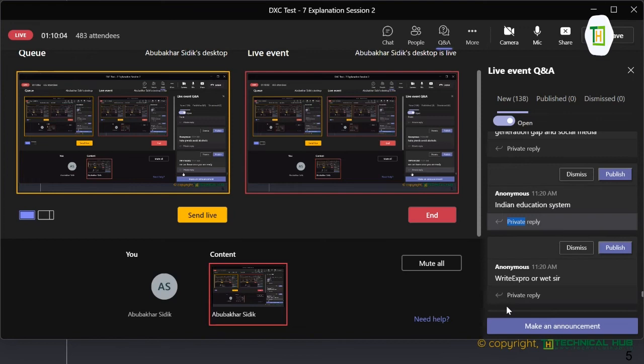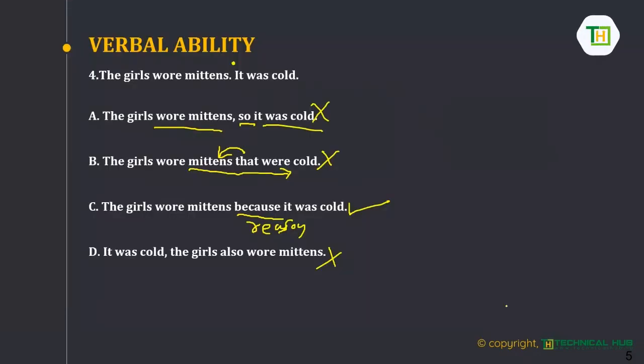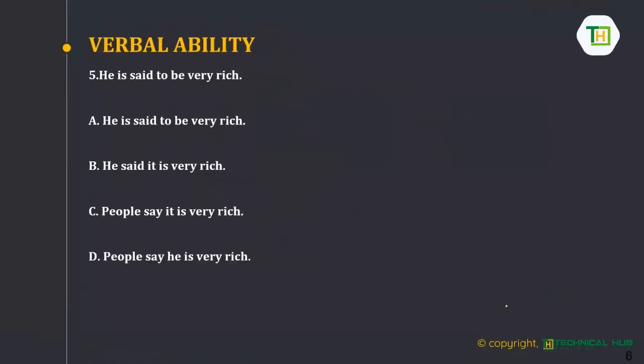Let us move on to the fifth question. He is said to be very rich.